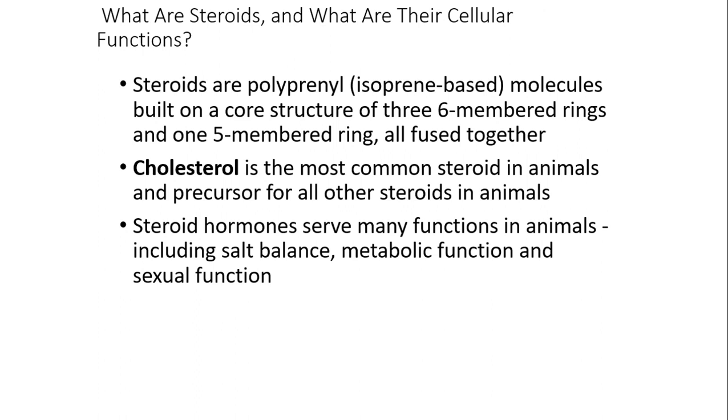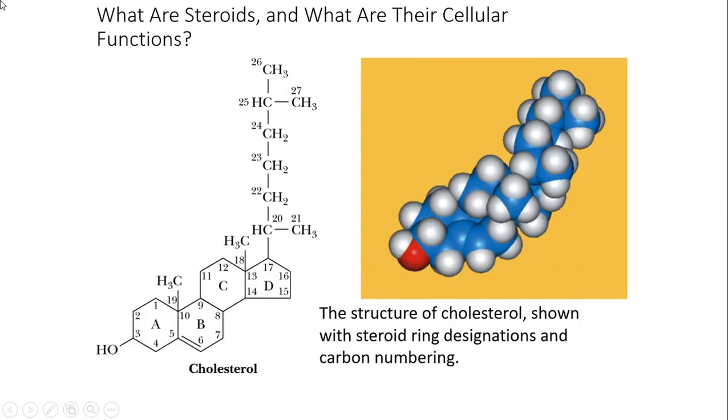Cholesterol is the most common steroid in animals and a precursor for all of the other steroid hormones or steroids in animals. So while you may be familiar with some of the functions of steroid hormones, you're probably not aware of the fact that they help with the salt balance, metabolic functions, and obviously the one you're familiar with, at least most are, sexual function.